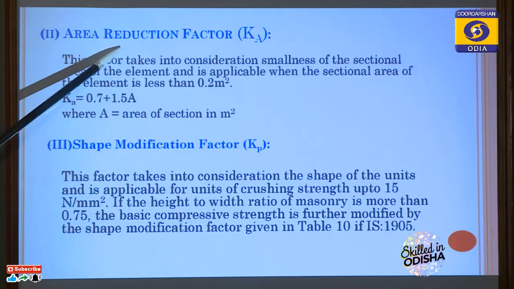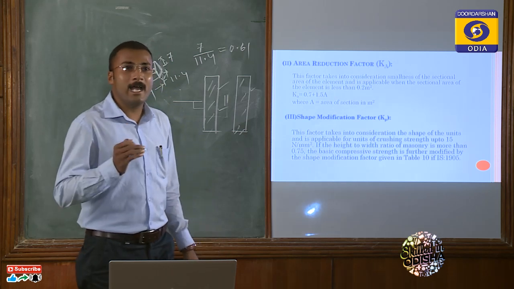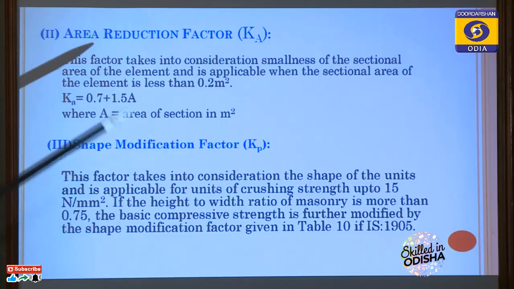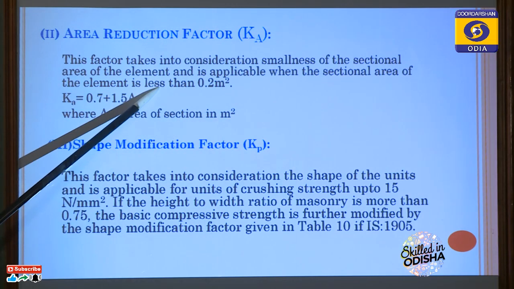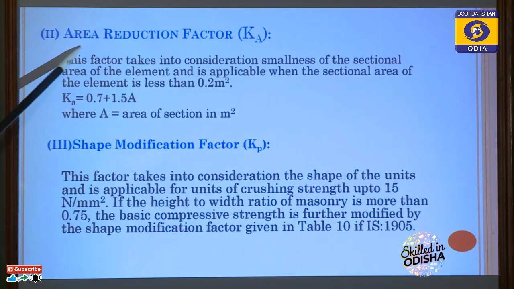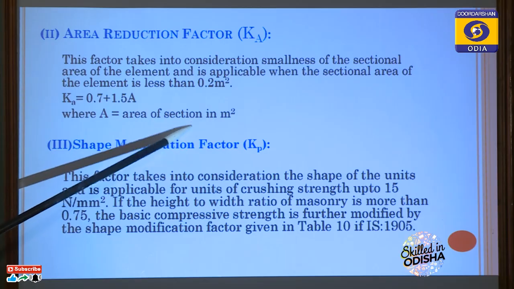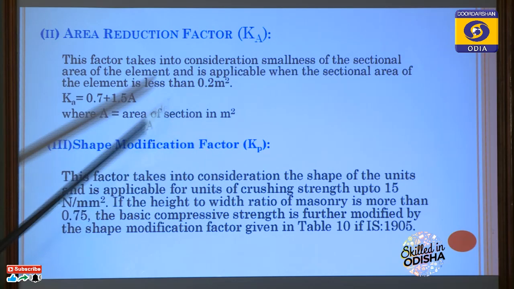So the area reduction factor will be applied when the cross sectional area of the column is less than 0.2 meter square. So see here, if the cross-sectional area of the element is less than 0.2 meter square, we have to apply this area reduction factor, which is 0.7 plus 1.5 times A, where A is the area of the section in meter square, and the shape modification factor Kp.